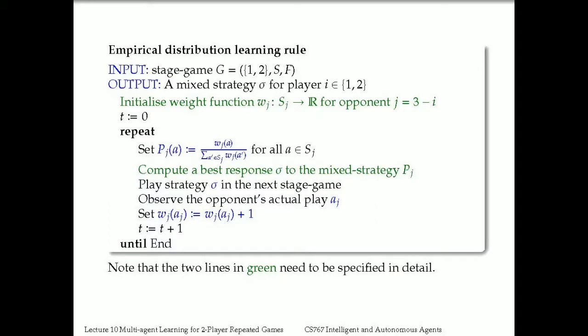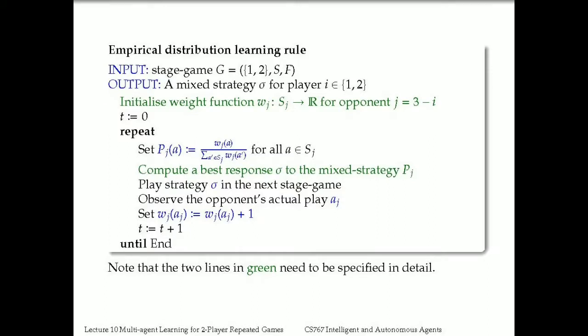This can be calculated by taking w_j of a and dividing that by the sum, over all of the possible actions of player j, of the corresponding weights of all of these. So basically that will be a normalized proportion of weights that are taken by the action a.